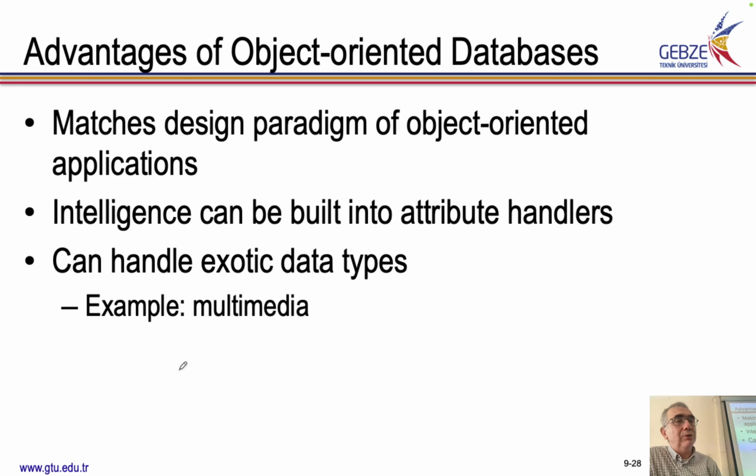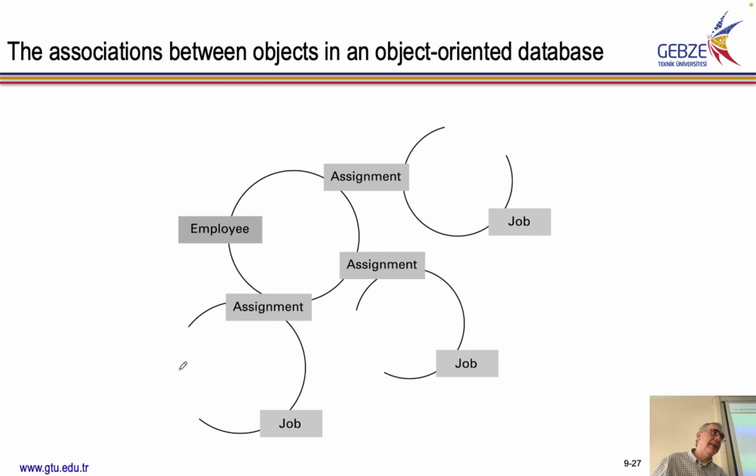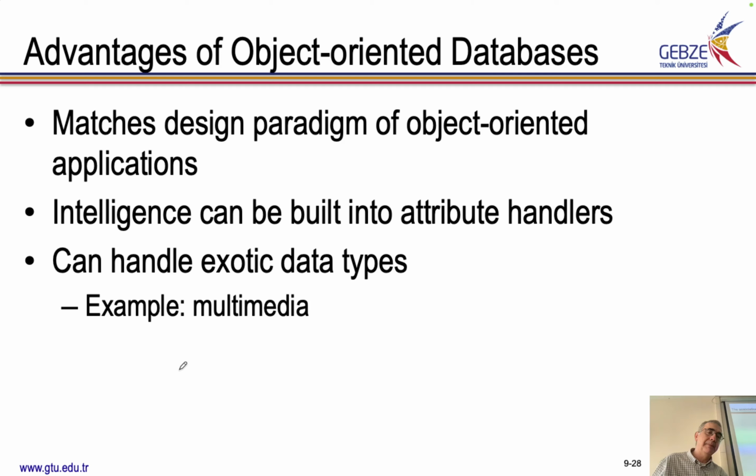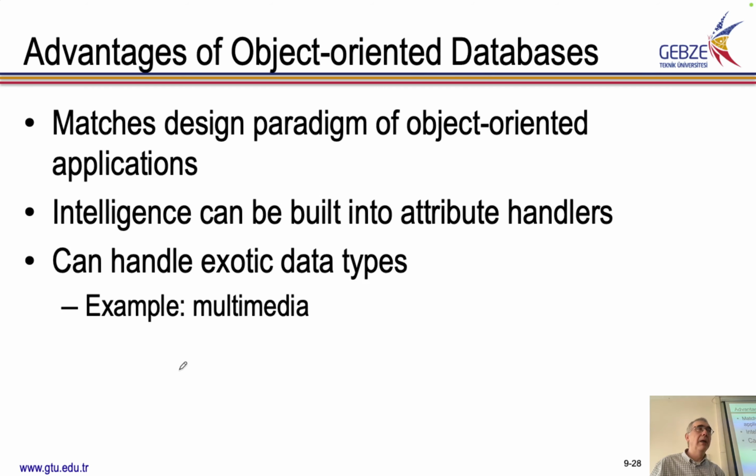Intelligence can be built into attribute handles. For example, with the employee object, an employee can get sick, an employee can get fired. So functions can be connected to database elements.